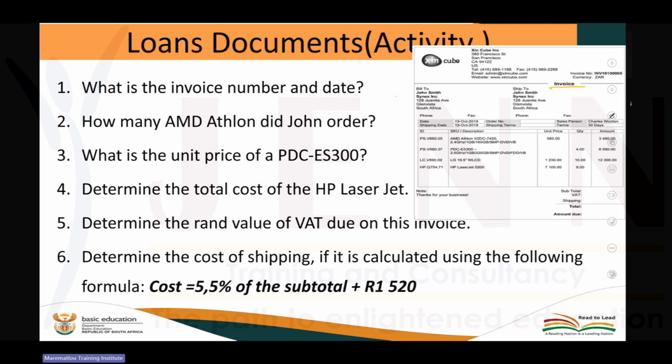It says, what is the invoice number and the date? I think it's 2 marks. Level 1 questions. You see, at times you just lose the marks, 3 marks. We call these the low-hanging fruits. You just grab them.